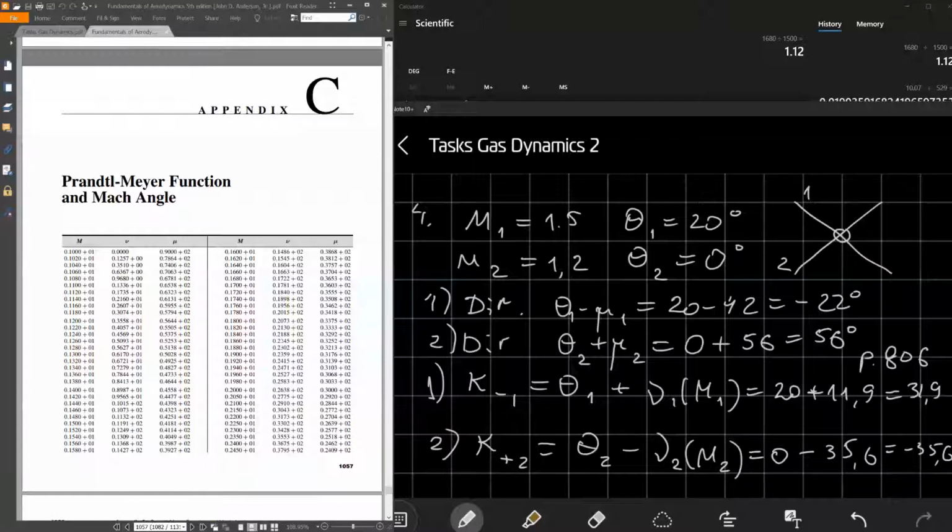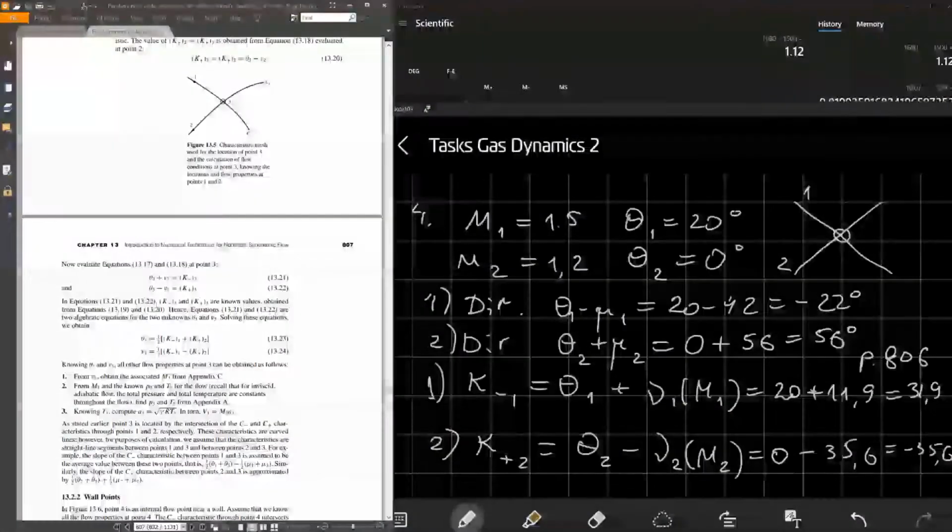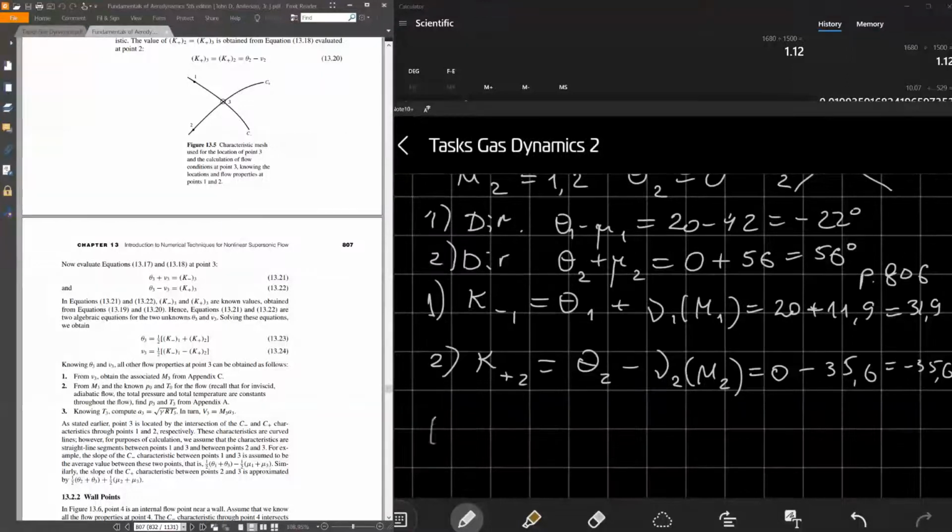that's it. Going back to the formulas, page 806, we will see that direction of the flow is the average. So theta at the intersection, let's call it point 3, 1/2 of the average is 31.9 minus 35.6.